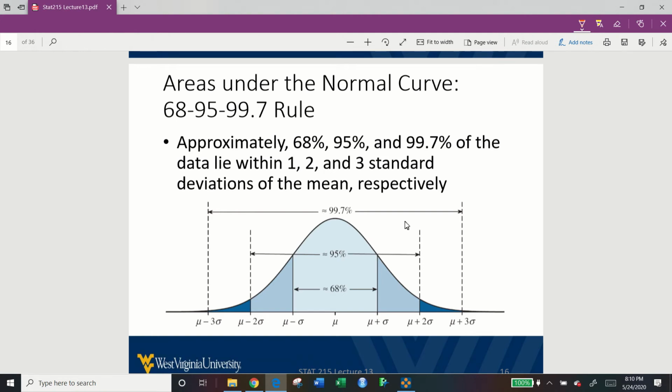And what it says is that approximately 68% of your data is going to lie within 1 standard deviation of the mean, and 95% of your data is going to approximately lie within 2 standard deviations of your mean, and approximately 99.7% of your data is going to lie within 3 standard deviations of your mean. Again, this is an approximation, but it is a pretty good approximation as you guys are getting started.